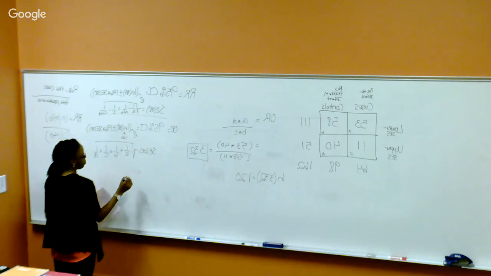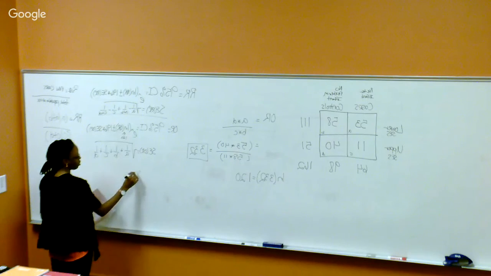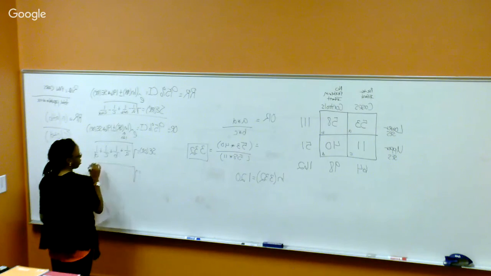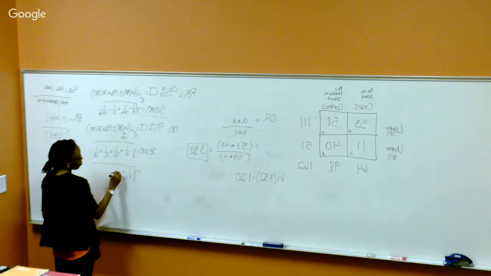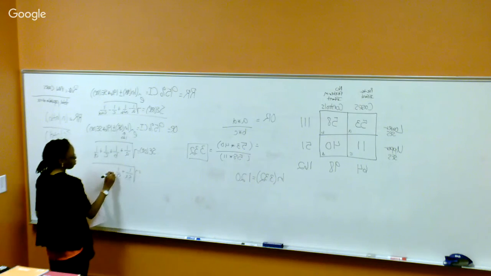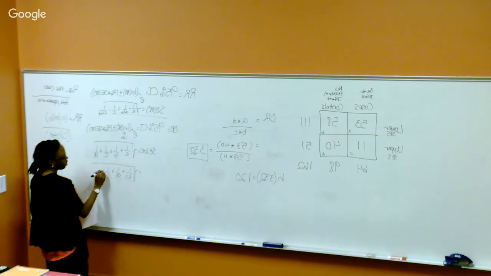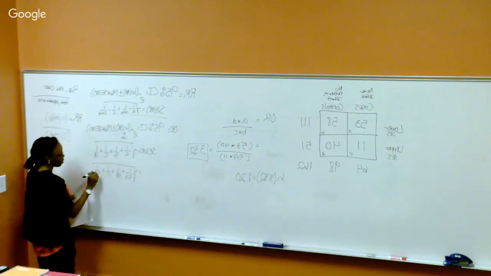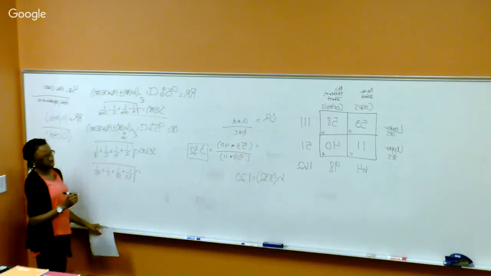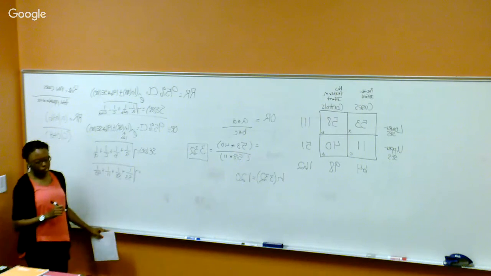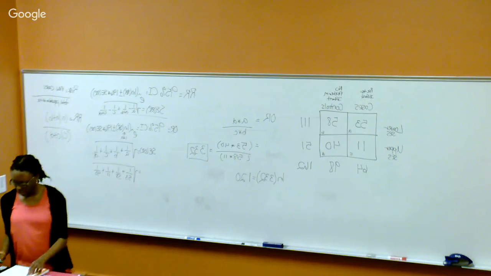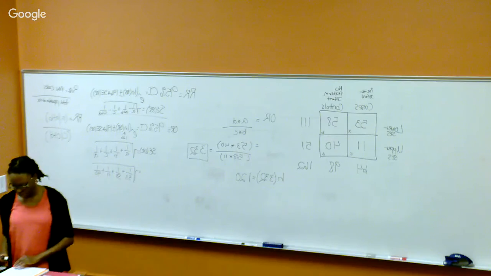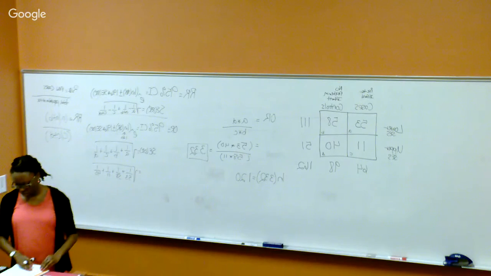So it's going to be the square root of 1 over 53 plus 1 over 58 plus 1 over 11 plus 1 over 4.